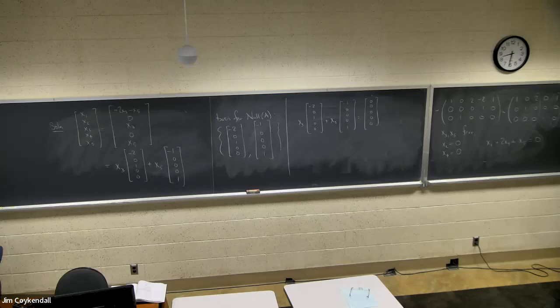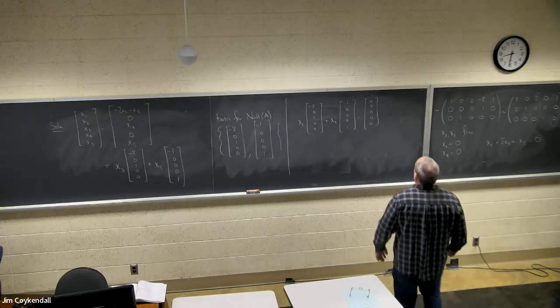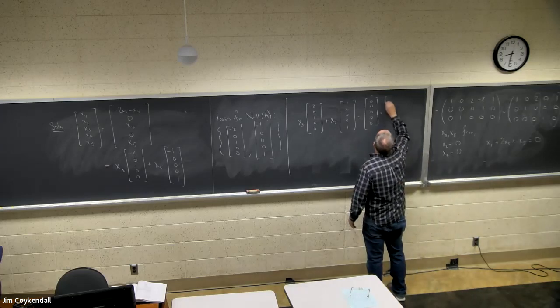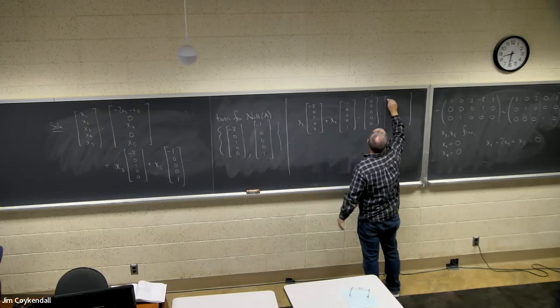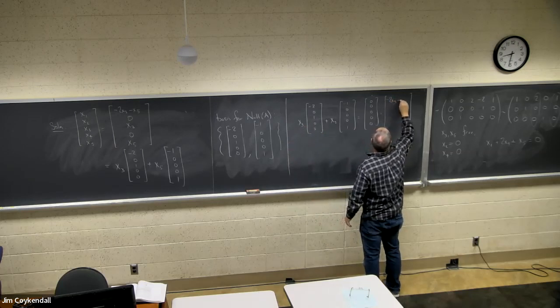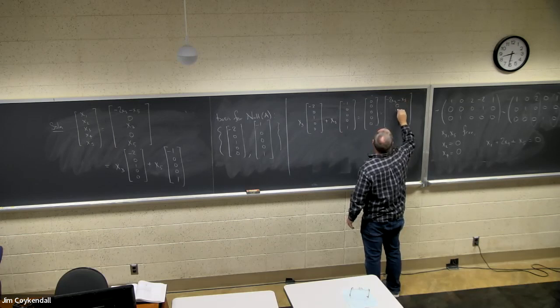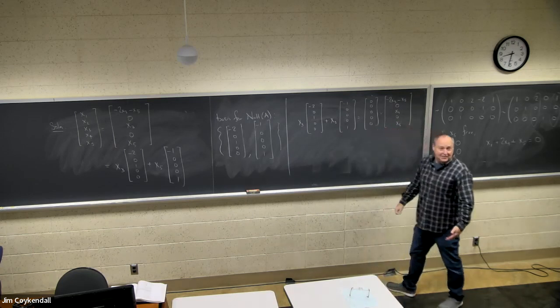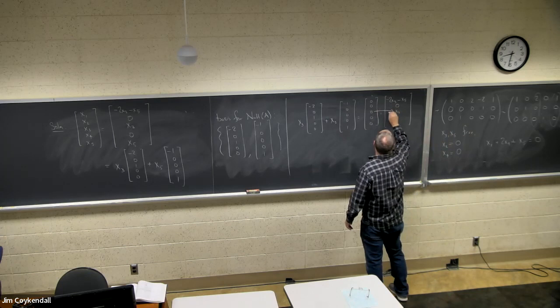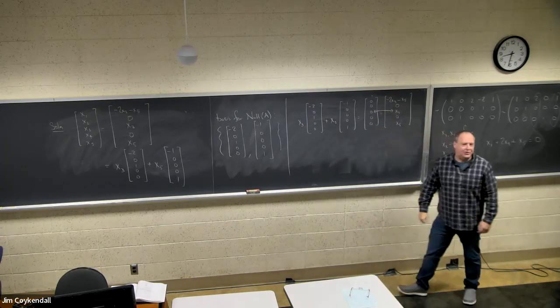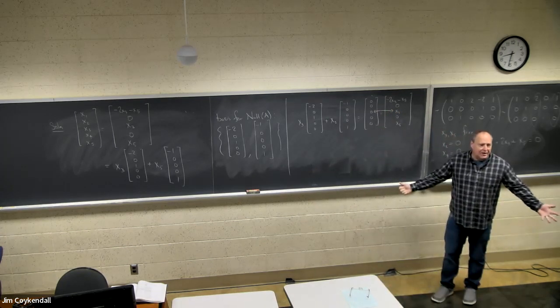And actually, in this case, it's not too difficult because you can put this back in the original form here: (-2x3 - x5, 0, x3, 0, x5). Now, if this is a zero vector, these two have to match, which means that x3 is 0.